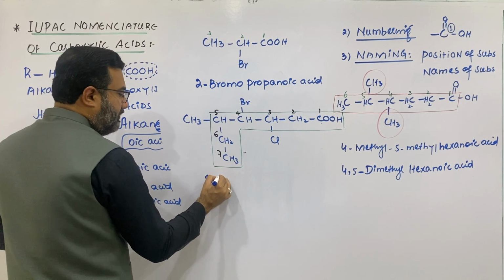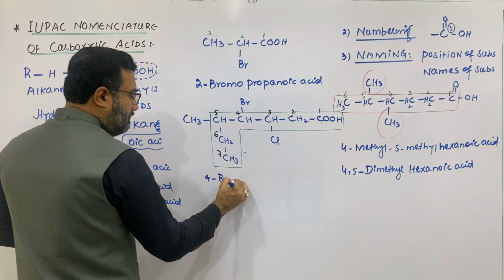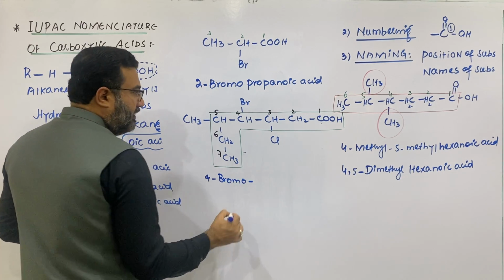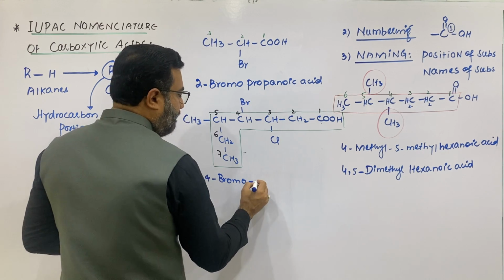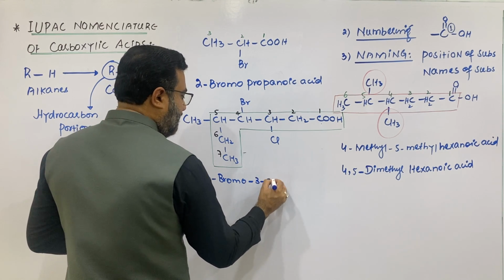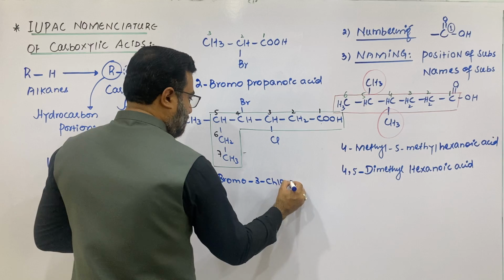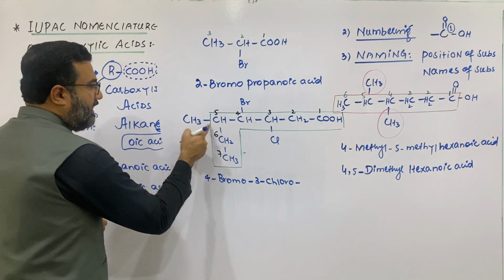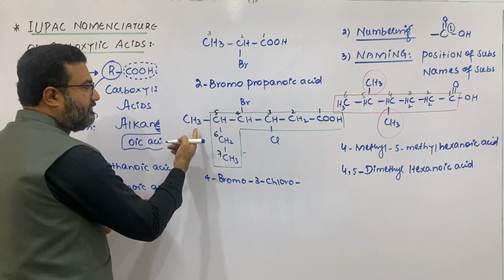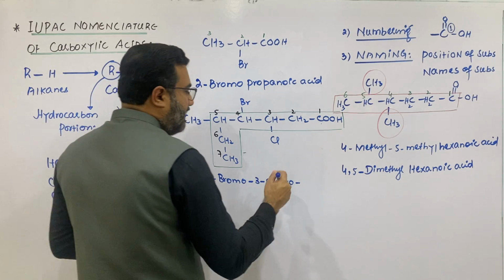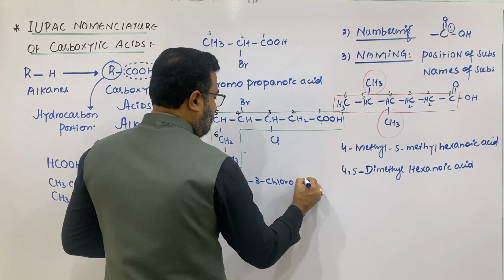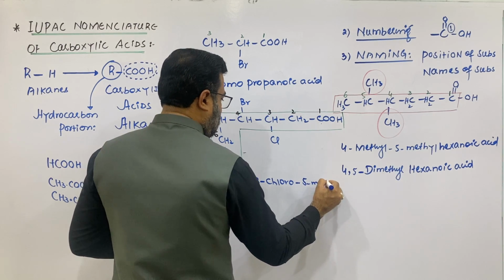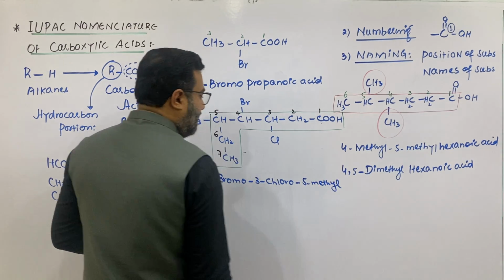We will write down 4-bromo. Now the second one alphabetically will be chloro, attached to third carbon, 3-chloro, and then with respect to alphabetic order, methyl should be at the end as it is starting with M. So it is 5-methyl.